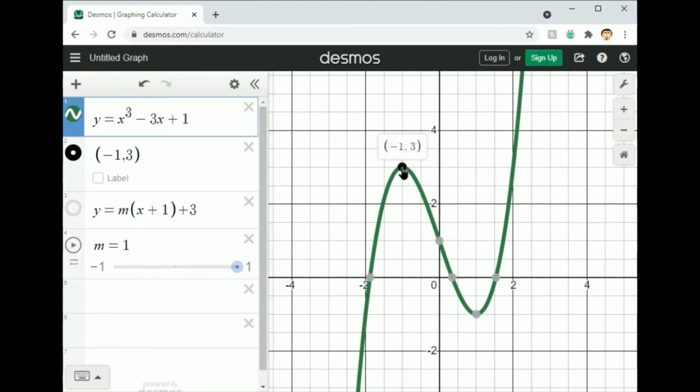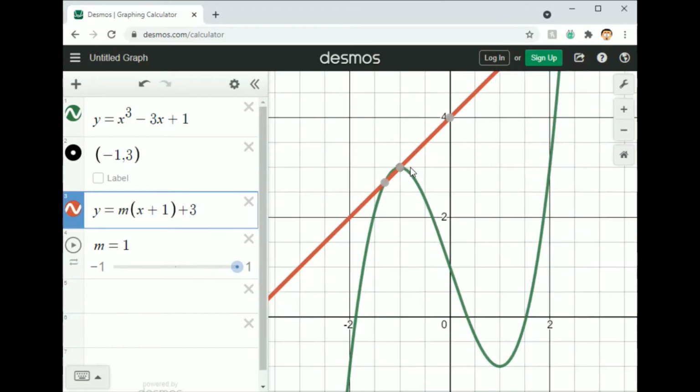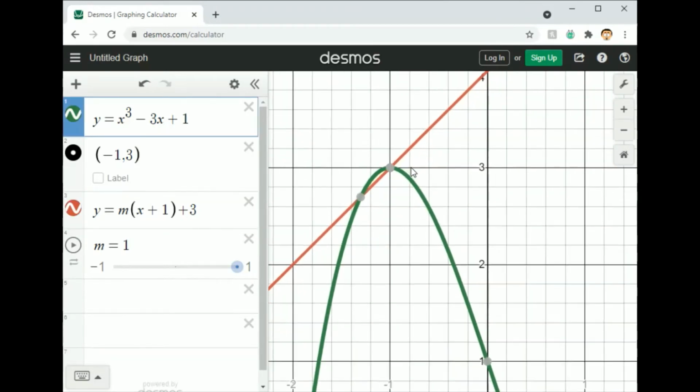And then what I've done is I've taken the general equation of a line, y equals mx plus b, slightly different, just because it's easier to do this way. I'm taking the basic line and shoving it 1 to the left and 3 up so that it goes through the same point. So there's a straight line that goes through our point negative 1, 3.